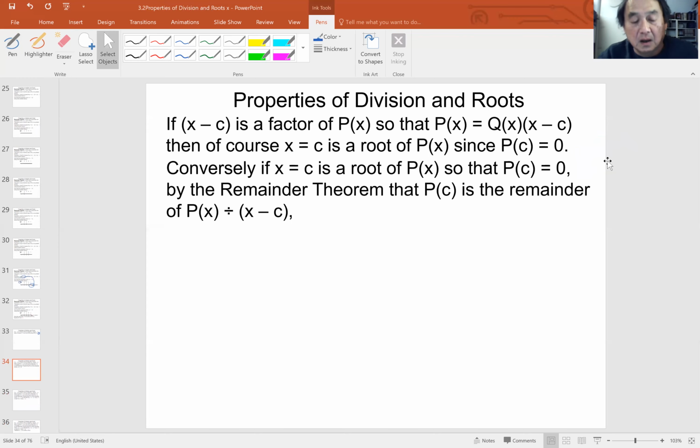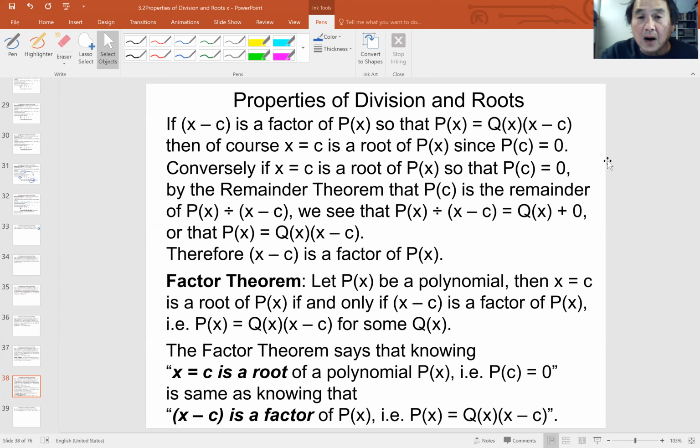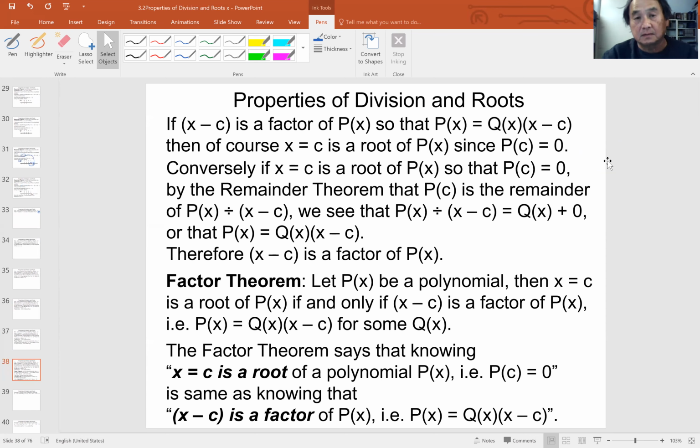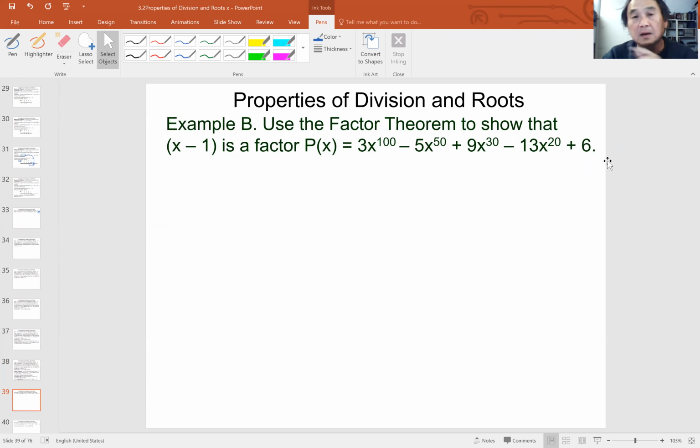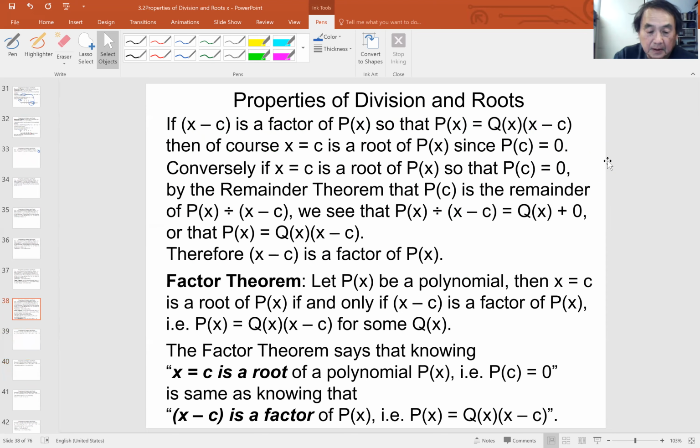In fact, this is the factor theorem. It basically says that looking for factors, when you try to factor the formula, is the same thing as looking for a number to plug in that makes the formula 0. These are two identical problems. If I get one, I get the other.